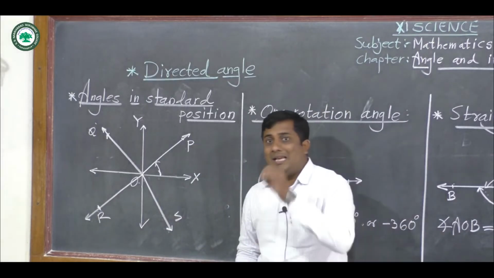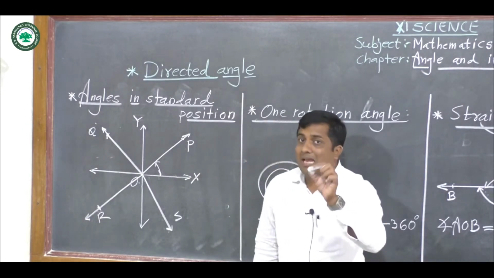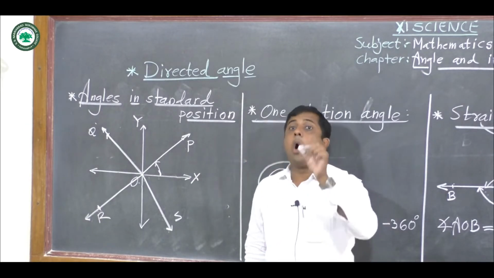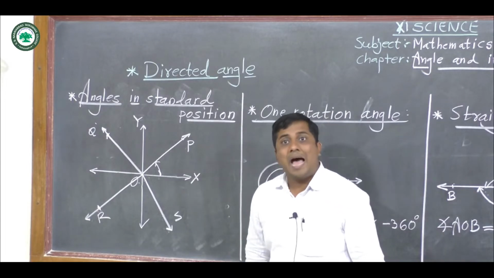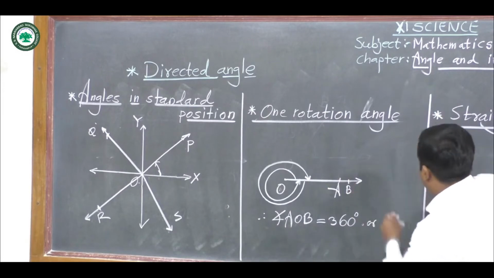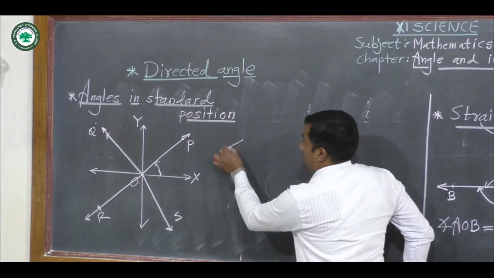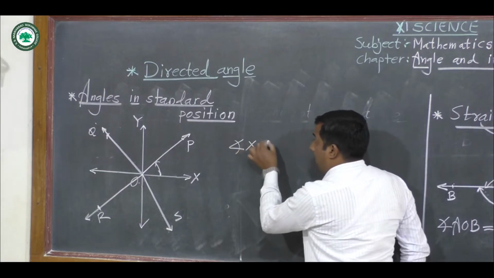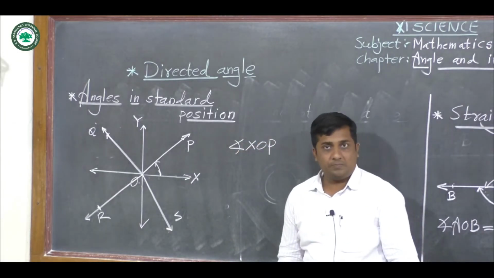In the angle of standard position, the initial ray is always along the x-axis. So angle XOP is the angle in standard position.